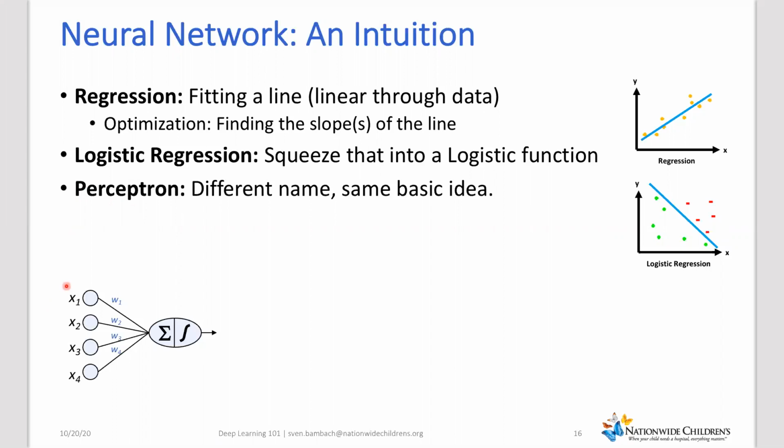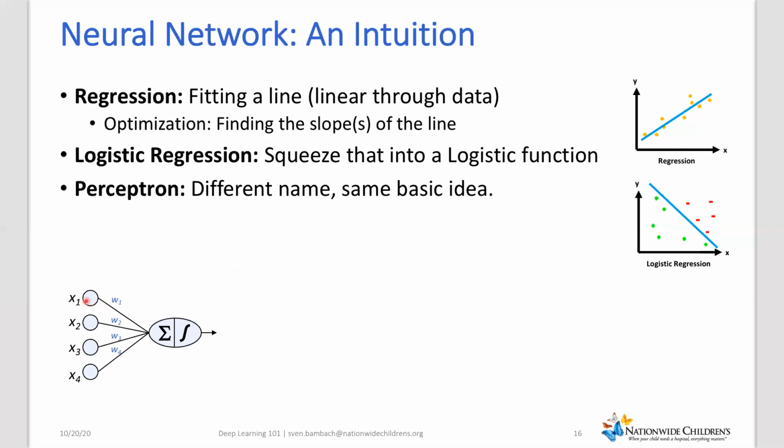So if you take this idea of a perceptron, you essentially do the same thing. You're trying to fit a line through some data, or in high-dimensional data it's not a line, it's some sort of plane, but think of it as a line. It's easier to think about it that way. So you have a bunch of input variables, maybe x1 to x4, and you're trying to predict a number.